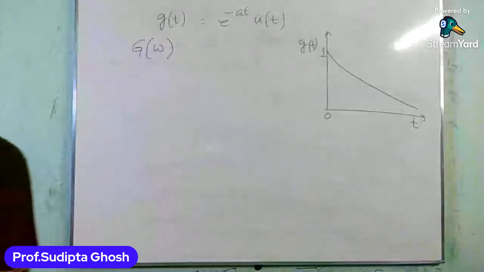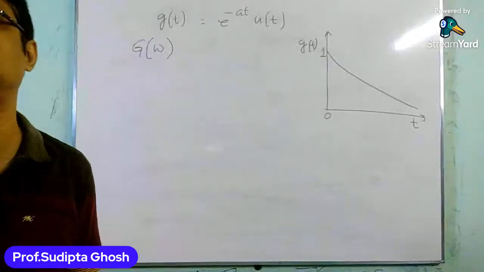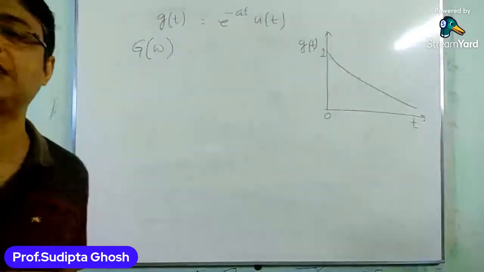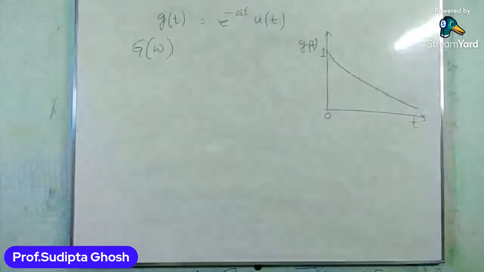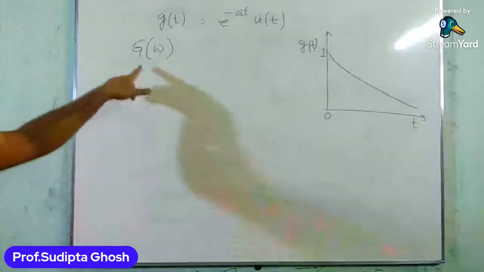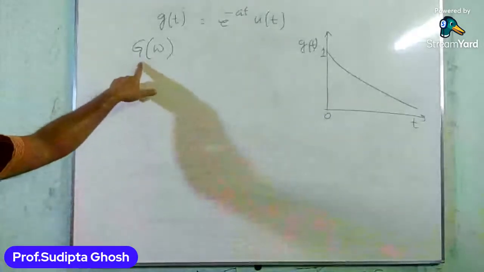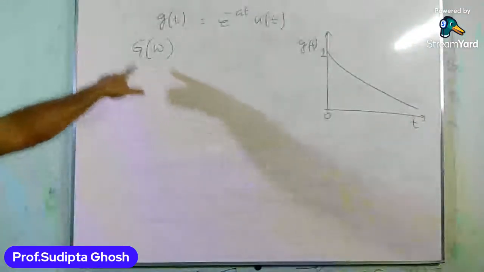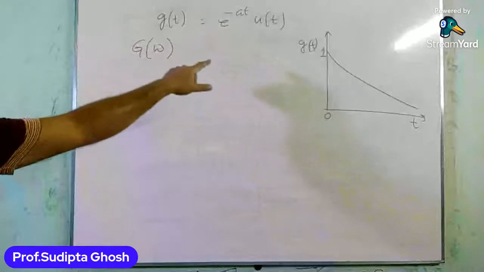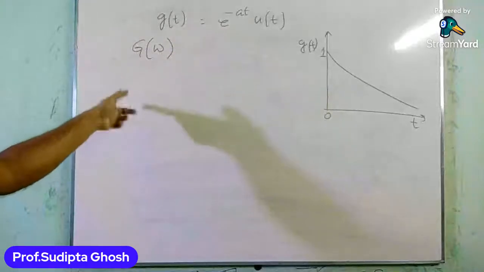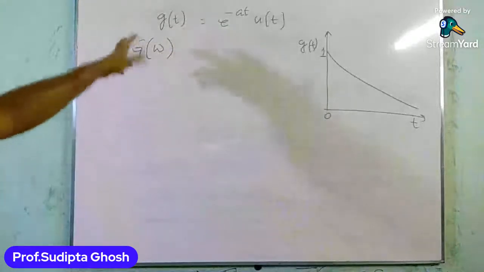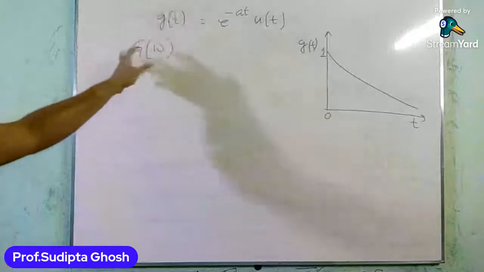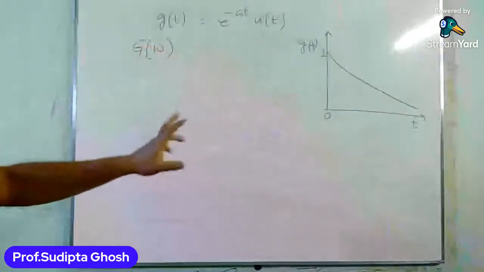Here I have applied the transformation, and the transformation converts the function from its time domain to its frequency domain, and that is why I have written it as capital G of omega. If the function is given as f(t), we have to write it as capital F of omega. So let's take the function as g(t), and that's why the transformation is G(omega).